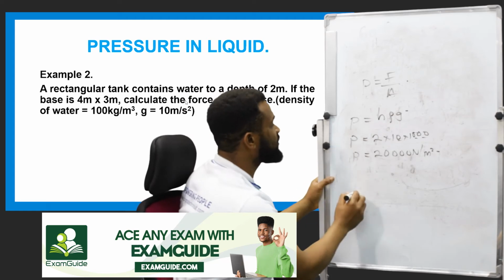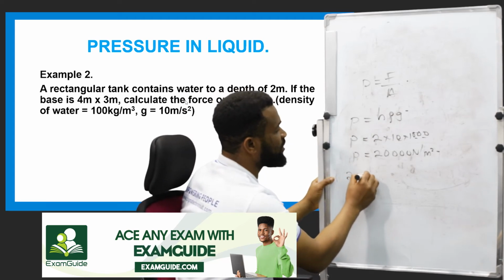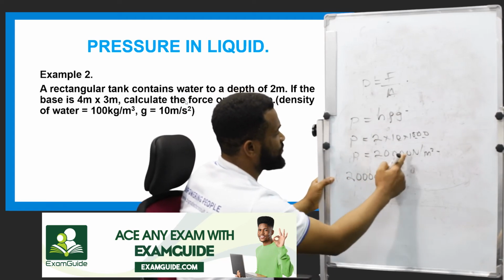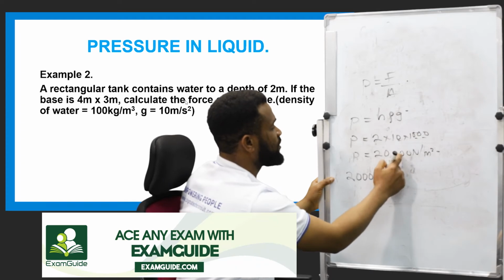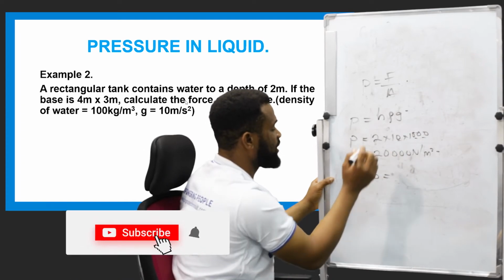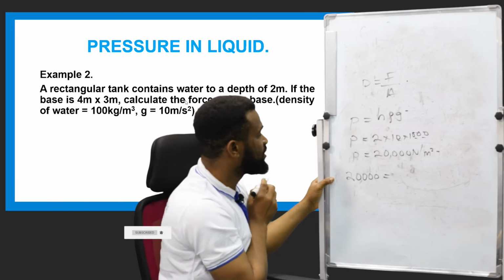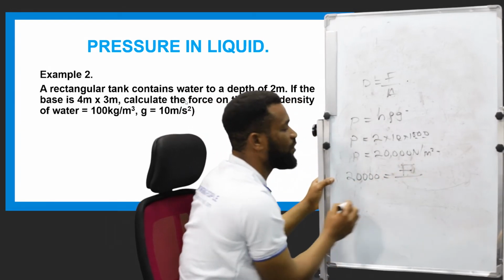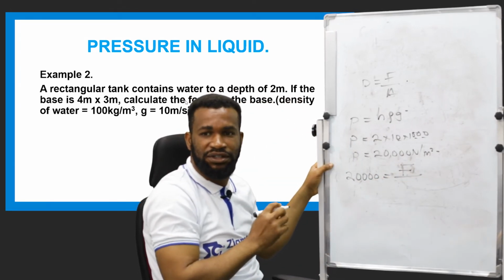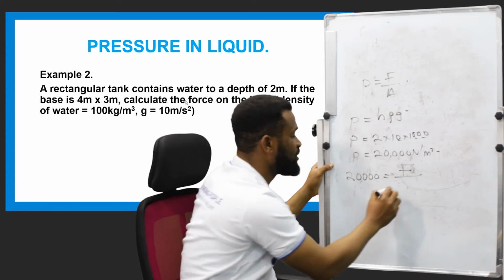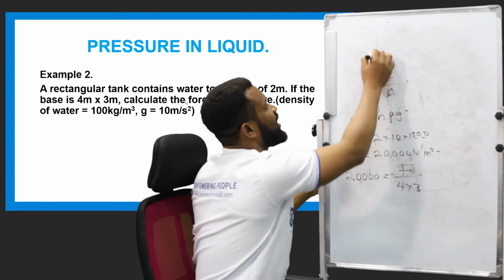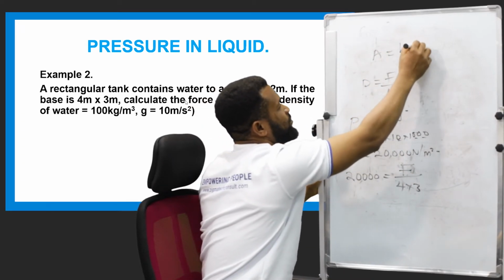Then how do we find the force? The force is going to be 2,000 times 4 times 3, that is 20,000, and 20,000 is going to be force, which is what I'm looking for, all over area. Area is going to be 4 times 3, because area of a body is length times breadth.